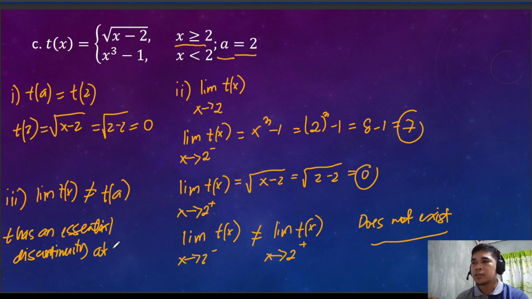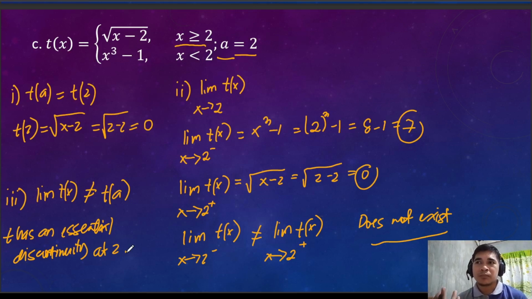at 2. Okay? So always remember the three conditions to determine if there is continuity or wala. So dapat ma-satisfy, first is finding the f of a, then the limit, and then dapat mag-equals yung value ni f of a tapos the limit of f of x.